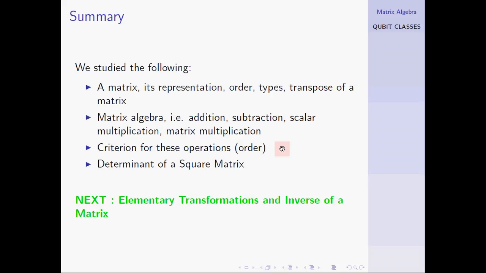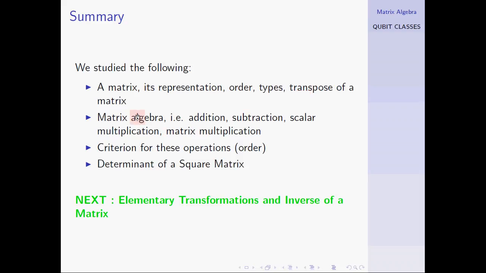So, we covered the concepts of a matrix, how it is represented, what is an order. Then we saw various types such as identity matrix, symmetric matrix, skew symmetric matrix, square matrix, and so on. We also saw how a transpose is defined.